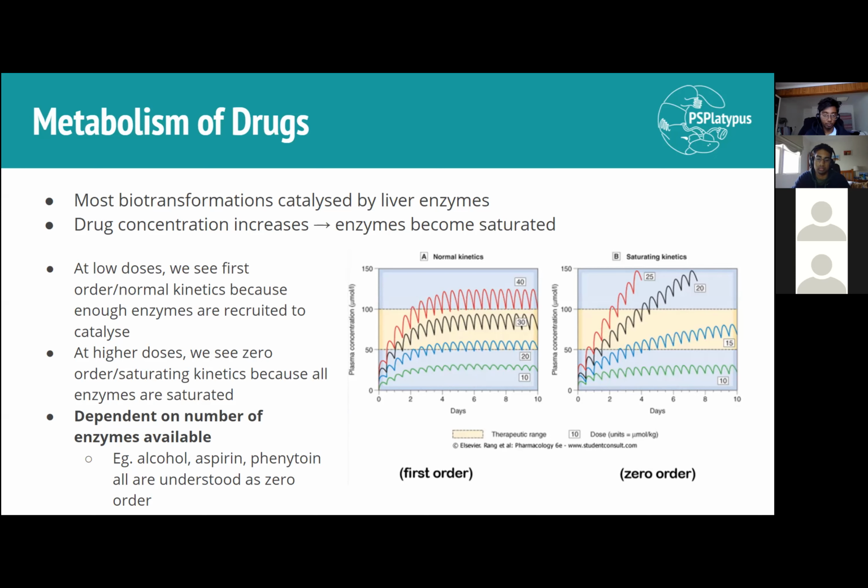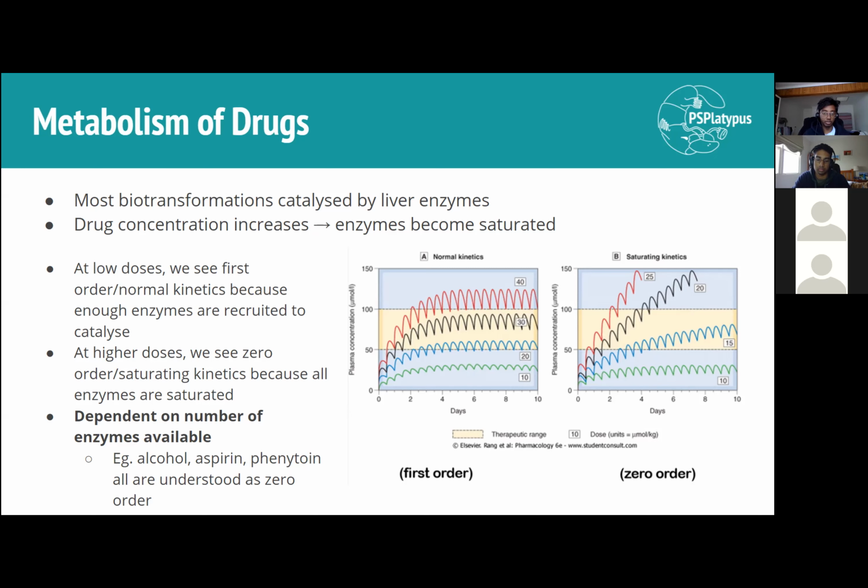Typically, at low doses of a drug, we see normal kinetics. That makes sense because at low doses, there are enough enzymes to compensate for the increase in plasma concentration. But at higher doses, we see saturating kinetics, which again makes sense because the enzymes are saturated because that dosage is too high and it just keeps going up.